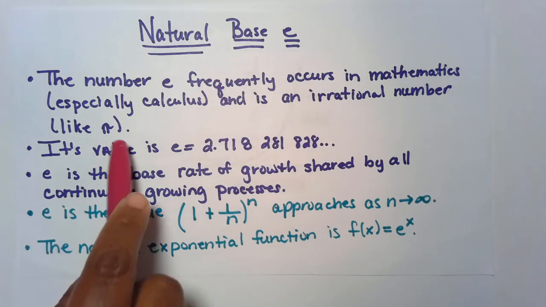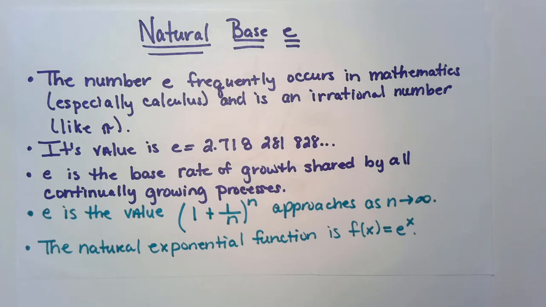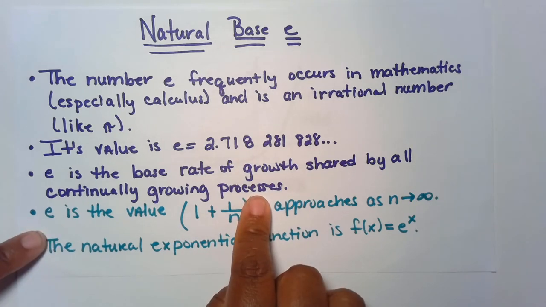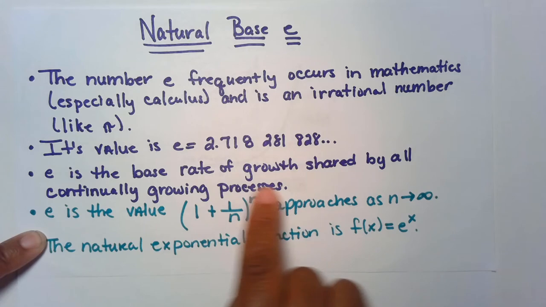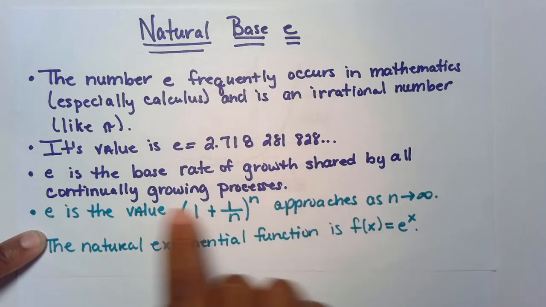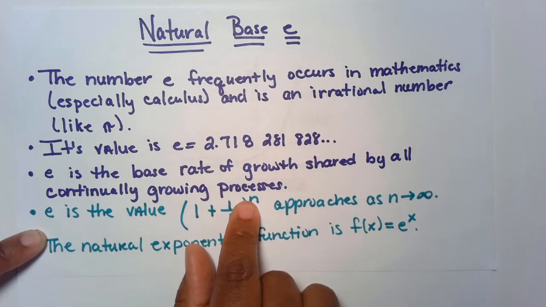And like pi, the value of e is equal to 2.718281828, and so on. It's one of those numbers that keeps going. It doesn't stop. E is the base rate of growth shared by all continually growing processes.